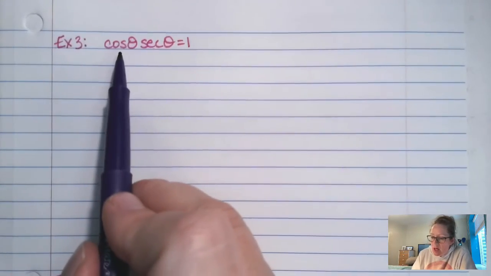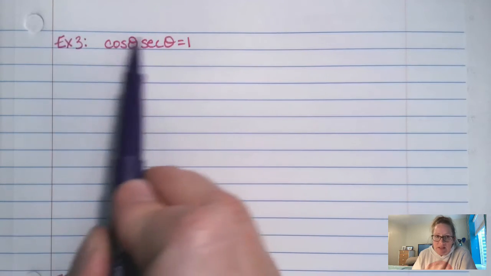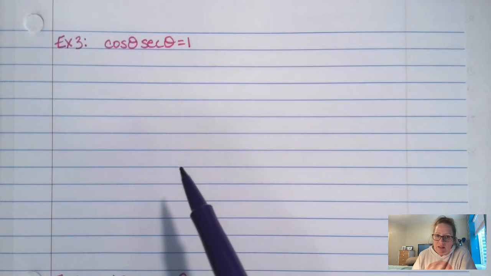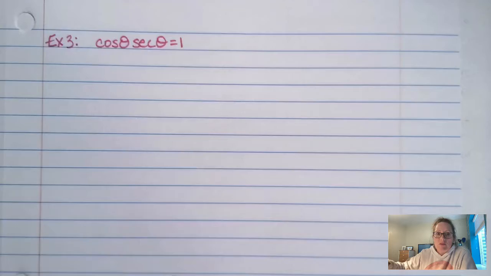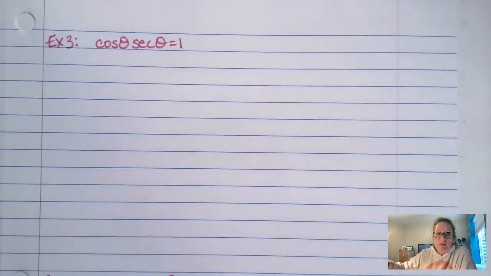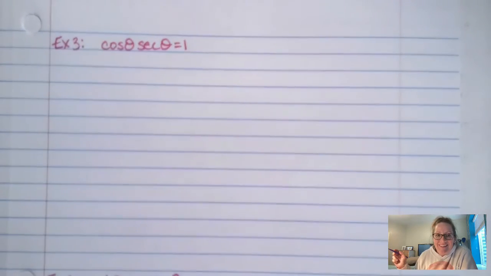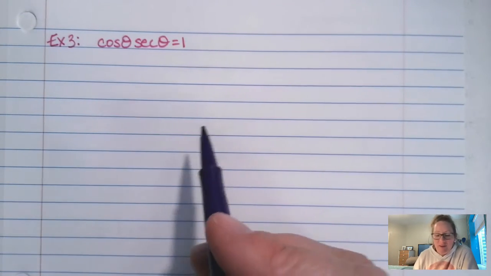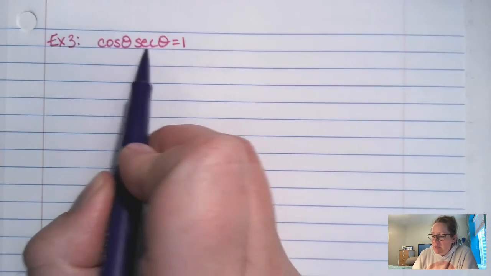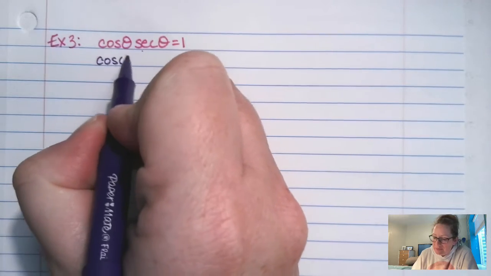It was pretty funny. Okay, cosine theta secant theta equals 1. Start with the most complicated side, obviously, is this guy. I don't see any squares. I don't see anything I could simplify, really. But I can rewrite secant in terms of cosine, can't I?